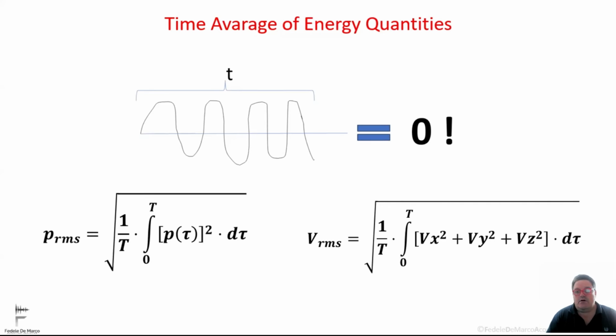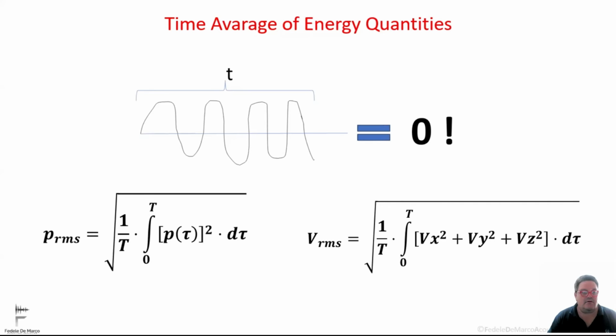You sum all the instantaneous linear values squared, and then you do a linear average: the total of squared values over n, the number of all the values, all under the square root.